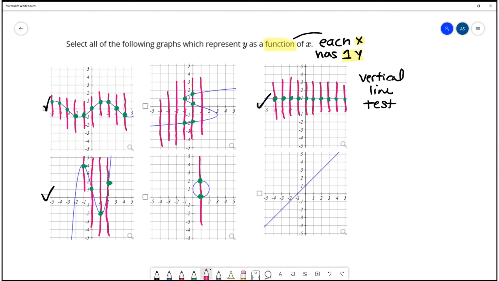In the last graph here, every vertical line will intersect the graph in one place. So this is the graph of a function, and I'll select it. So we had two graphs that were not functions and four of them that were functions.